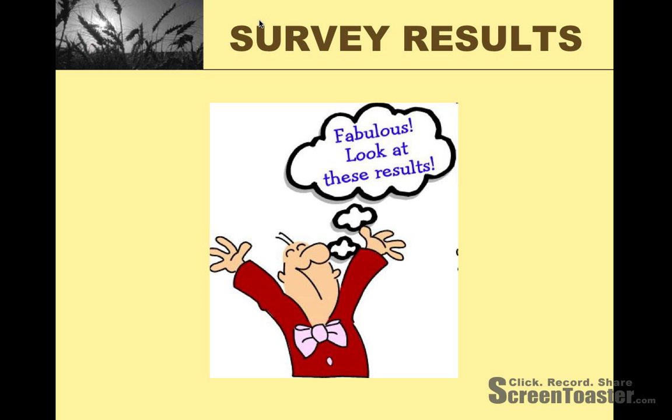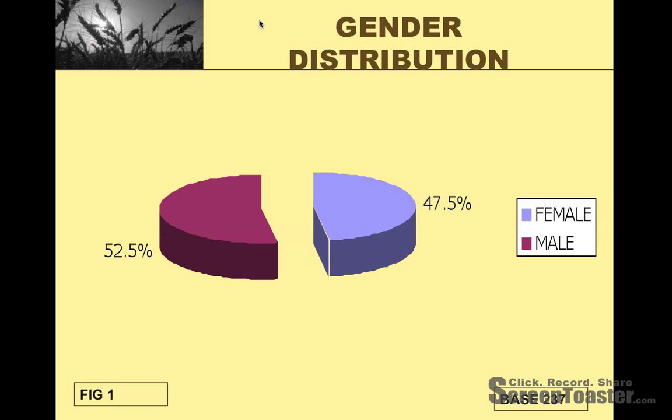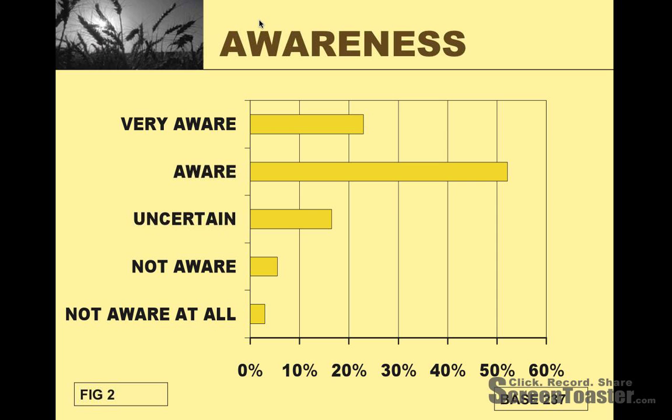Hello, my name is Sering Tondo, and I'll be talking about the survey results. First off, we have the sample characteristics. We had total respondents of 237, of which 47.5 percent were females and 52.5 percent were males. Awareness.